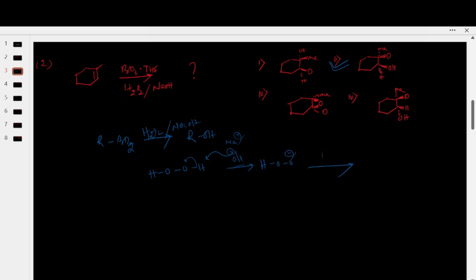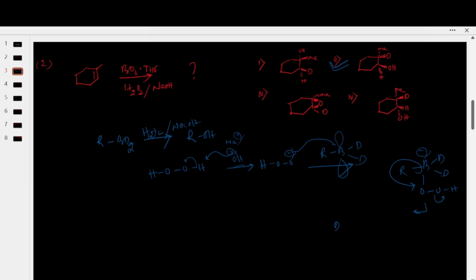So the peroxide anion, the lone pair over oxygen, is donated to the empty p orbital of the boron atom. So boron has the empty p orbital, it can accept a lone pair of electrons and it becomes tetracoordinated and a negative charge over boron. So to get neutralized, that alkyl group will migrate as R minus ion and that OH group will leave.